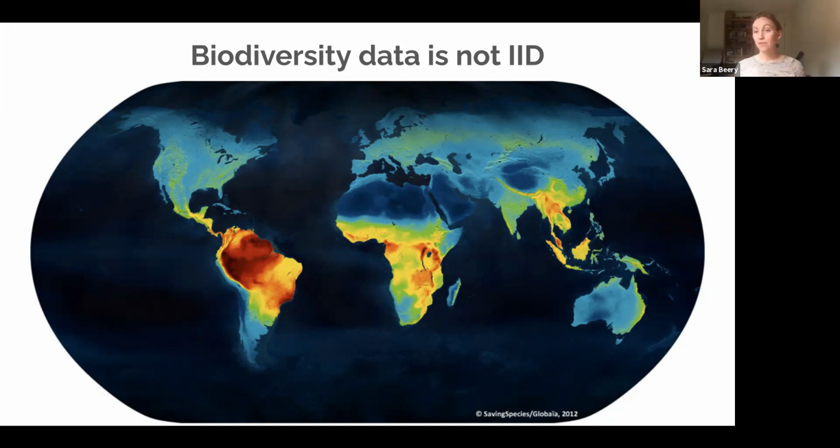But with biodiversity data, or any data that's collected around the globe, what you find are these very strong correlates, or these very strong non-IID distributions that are based on where and when the data was taken. And so that means we need to have models that can handle this type of non-IID data, be able to generalize outside of potentially the distribution that they were trained on.